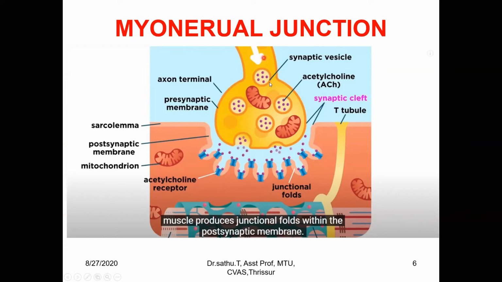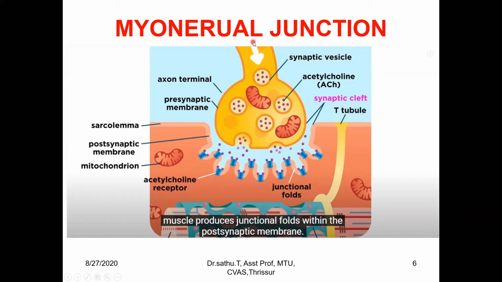At the terminal ends there are a large number of vesicles called synaptic vesicles. These round things you can see are the synaptic vesicles, and they contain a large amount of the neurotransmitter called acetylcholine.